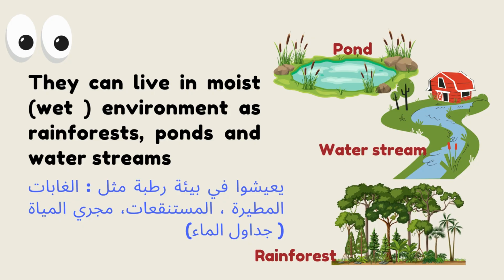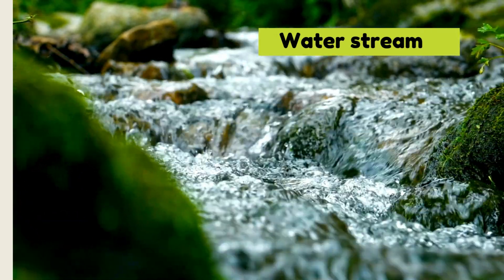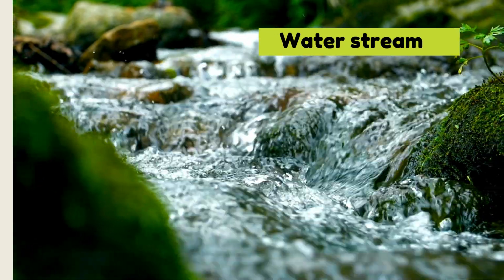They live in moist, wet environments. As we saw, they live in ponds, in water streams, or in rainforests, because the rainforest has rain all the time, so it is wet most of the time, and they can live in moist environments like rainforests, ponds, and water streams.